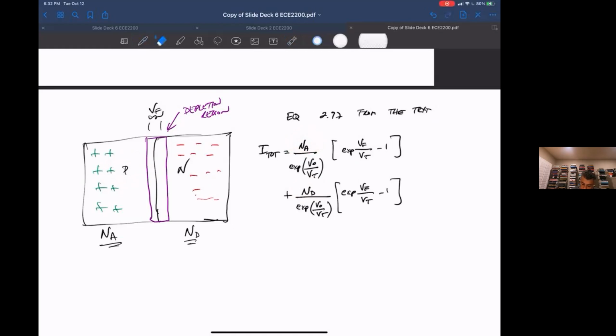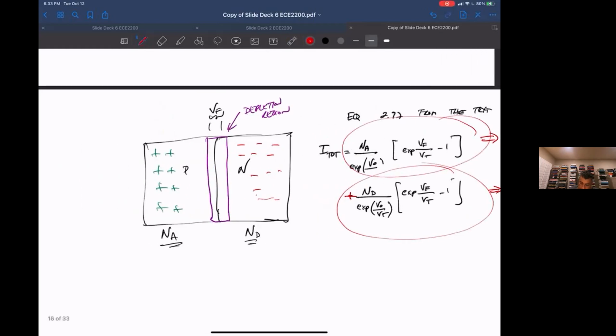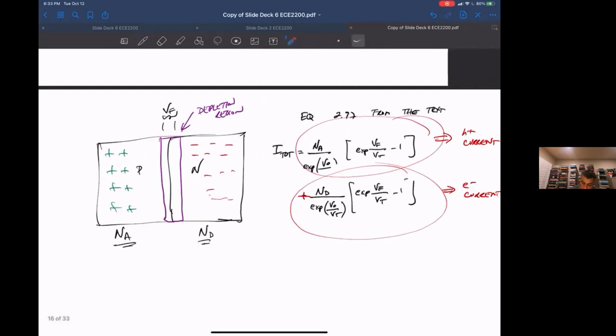So this is the electron current, and this is the hole current. That's the sum total of the currents.